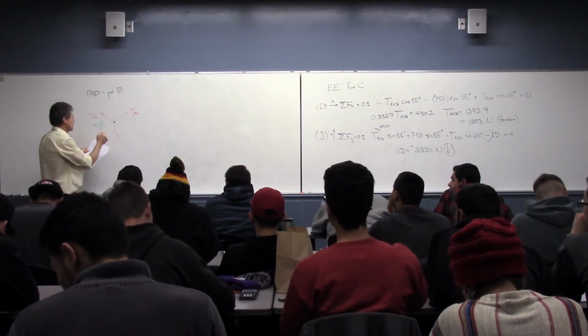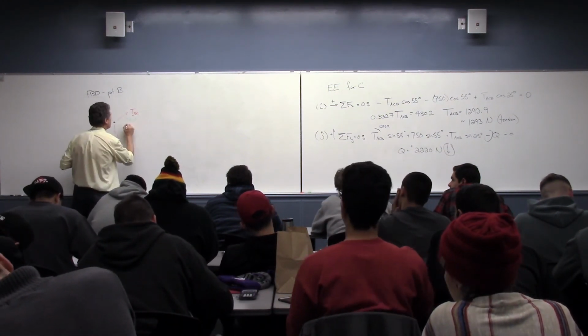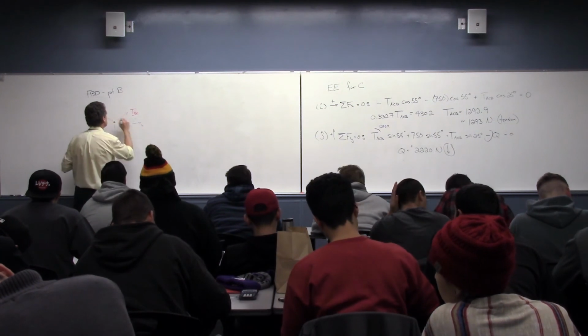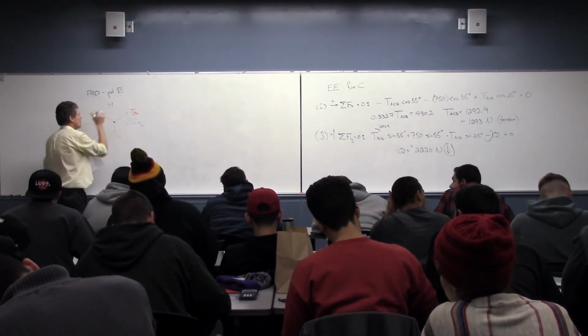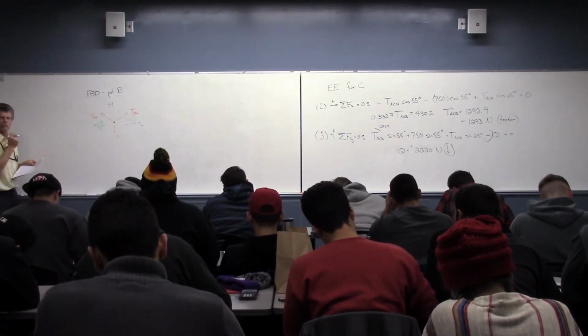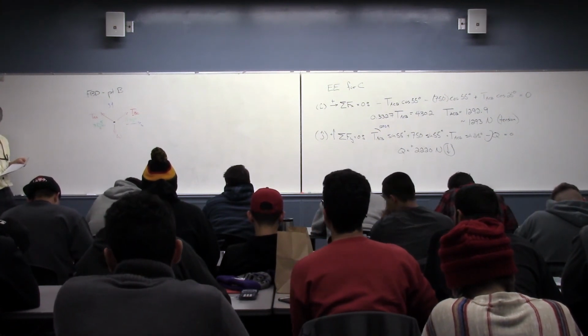So when we look at this particular point, we've got too many unknowns, right? There are 3 unknowns and I've only got 2 equations of equilibrium.